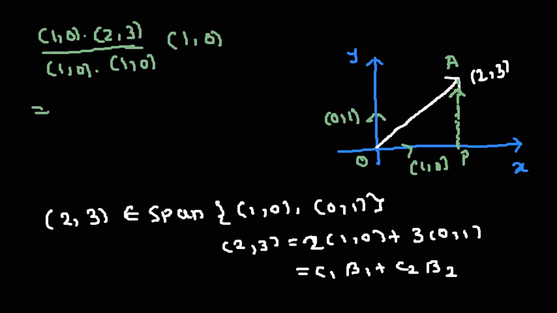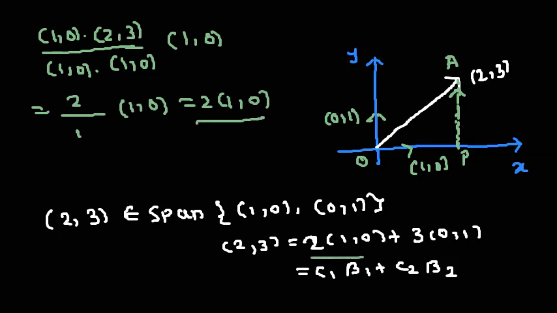What is the scalar component? It is 2. You can see that this is a component-wise multiplication: 2 plus 0 into 3 is going to be 2, and then this is 2 into (1, 0). So as we write 2, 3 as this linear combination, we can use the inner product formula, or the projection formula, to find that.